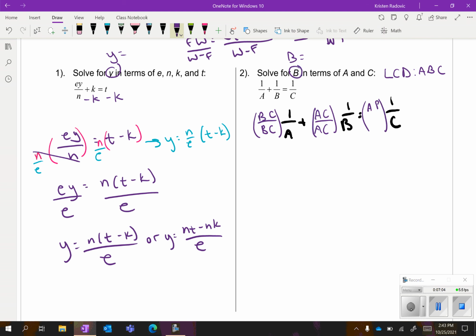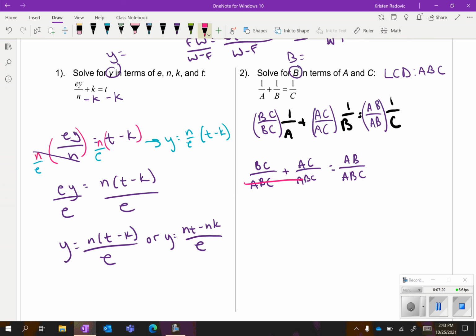And when you get common denominators, we don't care about them anymore. We're trying to match up our numerators now. So we're really left with BC plus AC equals AB. And remember, we are trying to get B by itself. So we need to get B on the same side of the equation, whether it's the left or the right, I don't care.